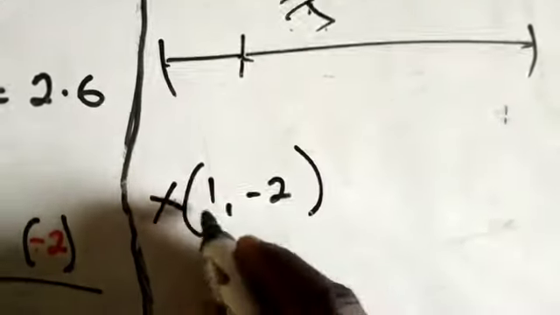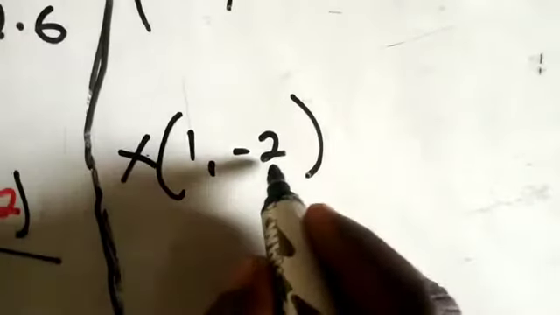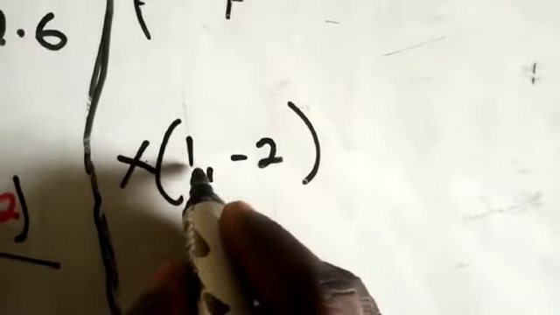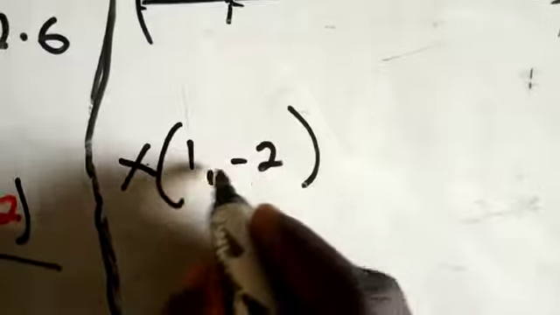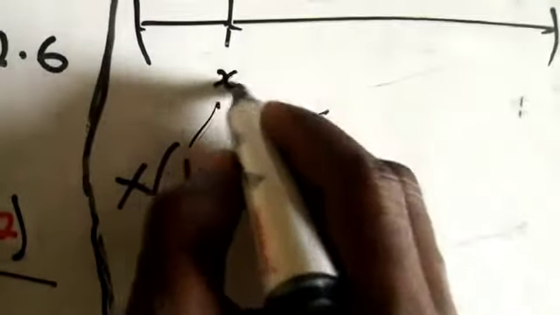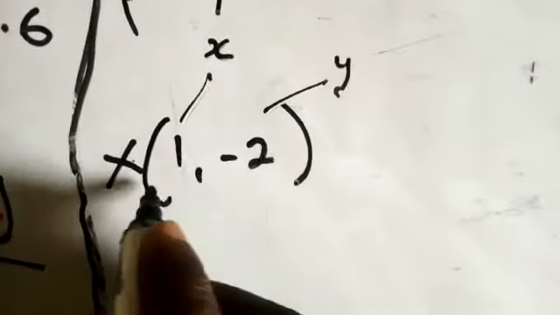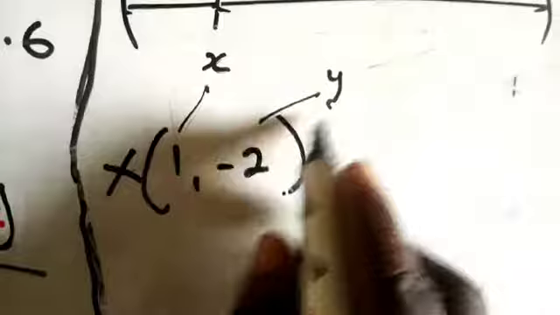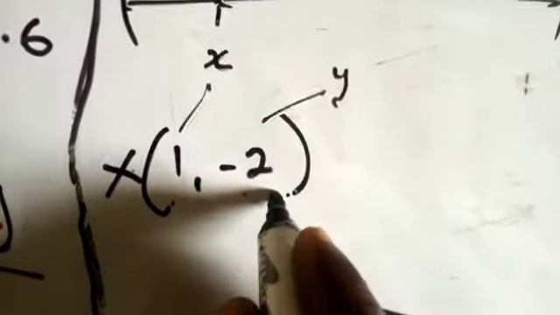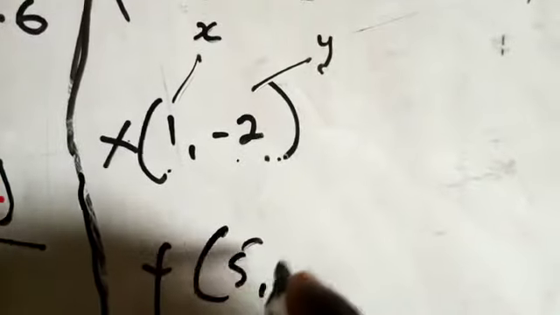It means that this point doesn't work alone, with just one leg, but with both legs. So this is the first leg and this is the second leg. The first leg of this point is small x and the second leg is small y, so we have this point as (x, y), that is (1, -2). The next point is y, which is (5, 3).